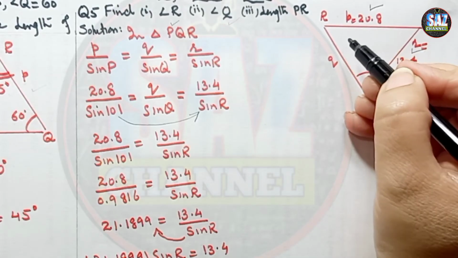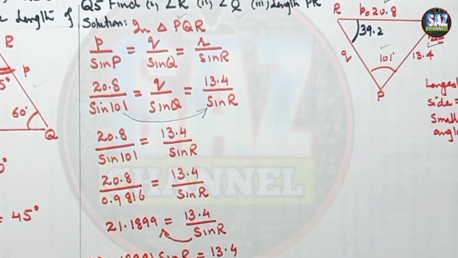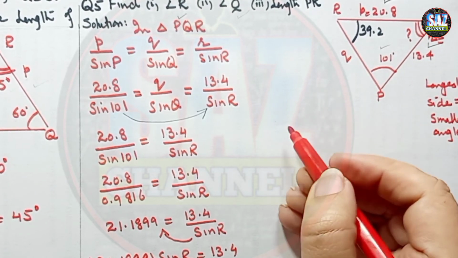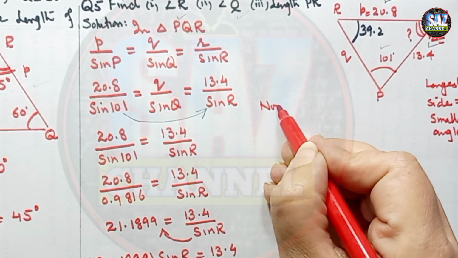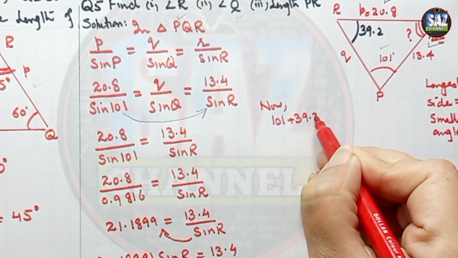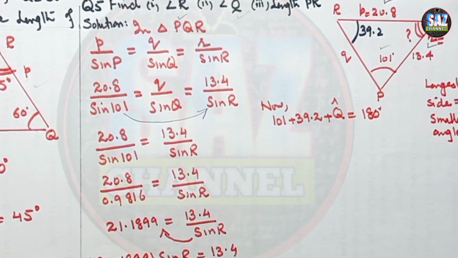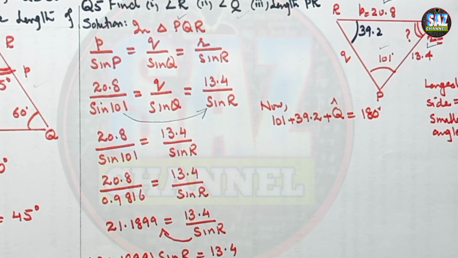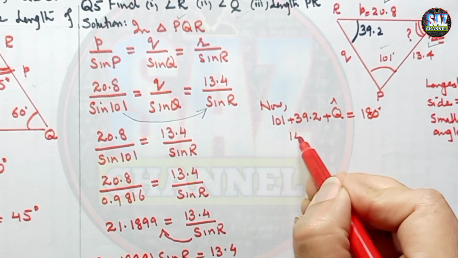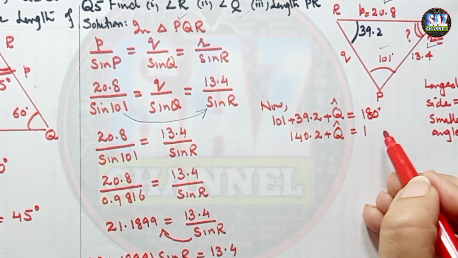Now angle R is 39.2, and the third unknown angle of the triangle can easily be calculated with the help of the sum of interior angles of a triangle. 101 plus 39.2 plus angle Q equals 180 degrees. 101 plus 39.2 gives me 140.2 plus angle Q equals 180 degrees.